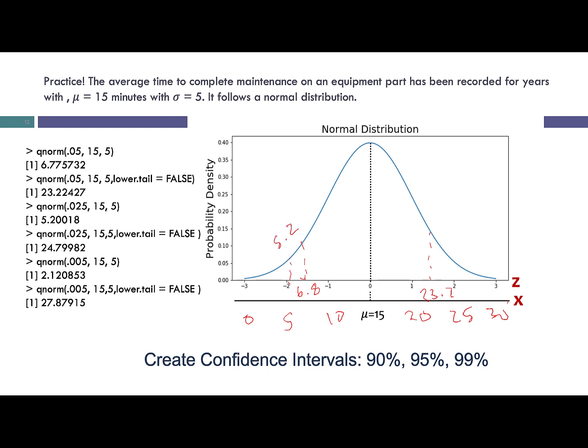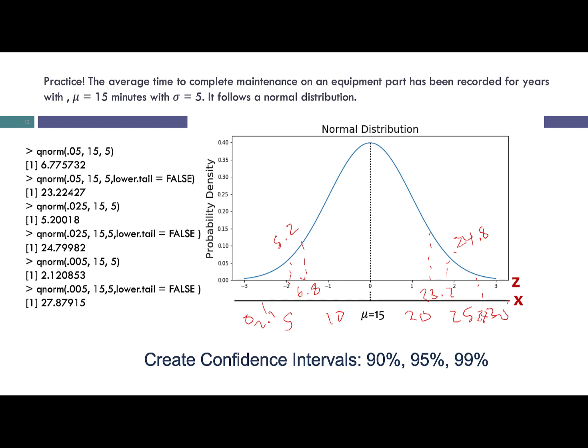which gives you 5.2 and 24.8. And 99% is going to be over here at about 2.1, somewhere between, and up here at 27.